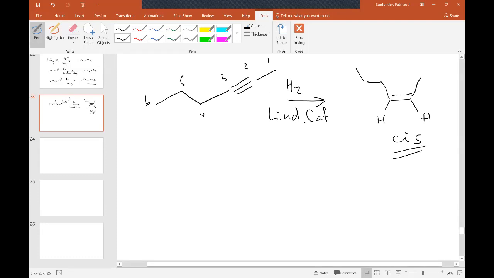If I was performing the same reduction, using the same starting material but instead using lithium in ammonia, in that case I will get the trans product.